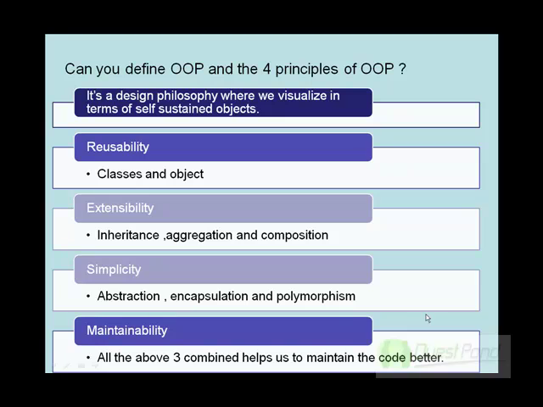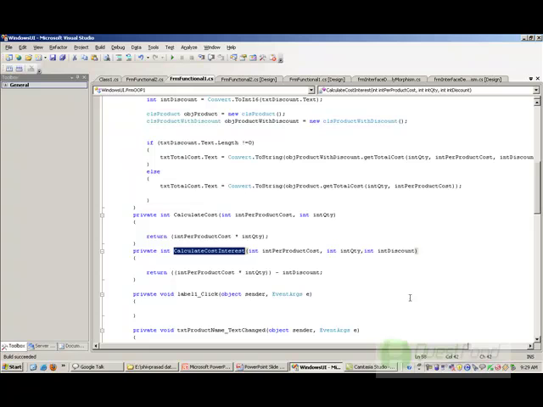So let's first define object-oriented programming. Object-oriented programming is a design approach where we think in terms of objects, rather than thinking in terms of functions. So rather than thinking in terms of technical functions like function 1, function 2, we try to think in terms of real-world objects. Let me explain what that means.